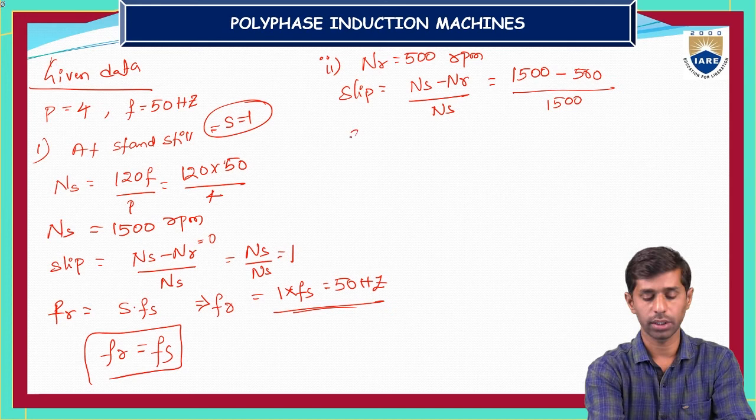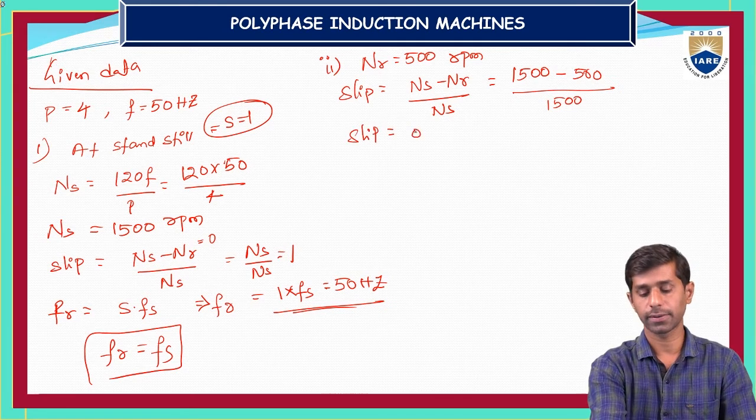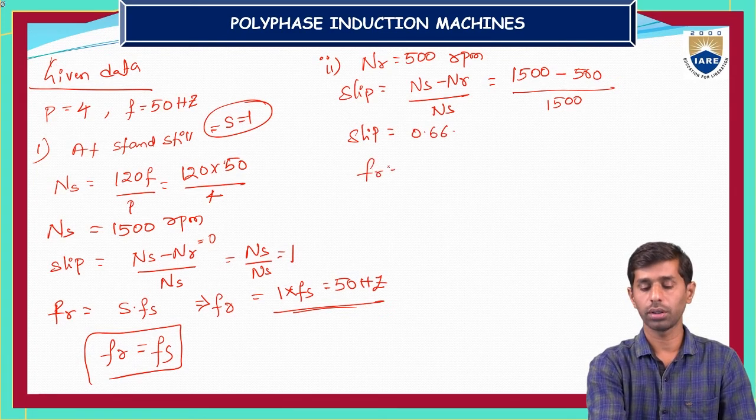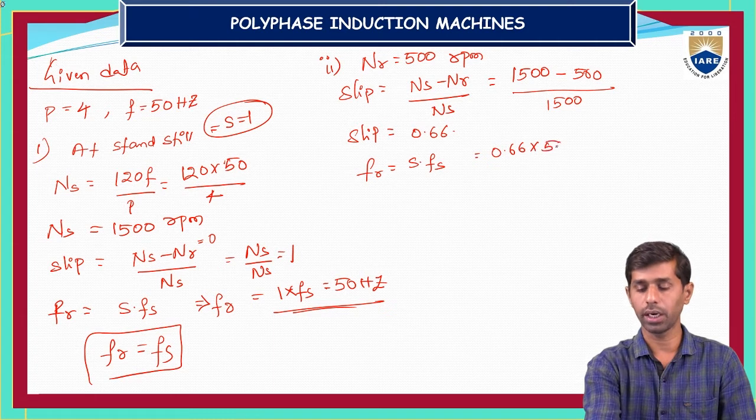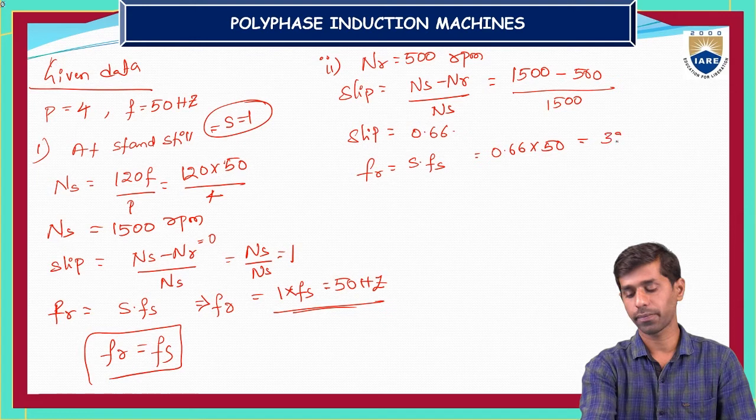You will get slip equal to 0.66. Similarly, the frequency of the rotor induced EMF equals slip times the frequency of supply. Slip is 0.66 times the supply frequency of 50 Hz. You will get 32.33 Hz.